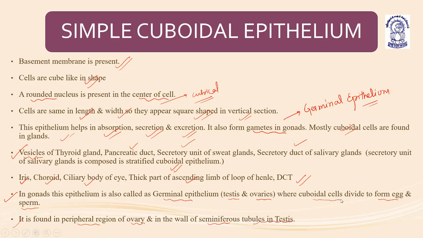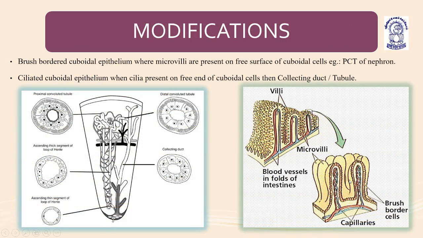Now coming to the next, modifications. The simple cuboidal epithelium undergoes modifications to form brush border cuboidal epithelium and ciliated cuboidal epithelium. In brush border cuboidal epithelium, microvilli are present on the free surface of the cuboidal cells.